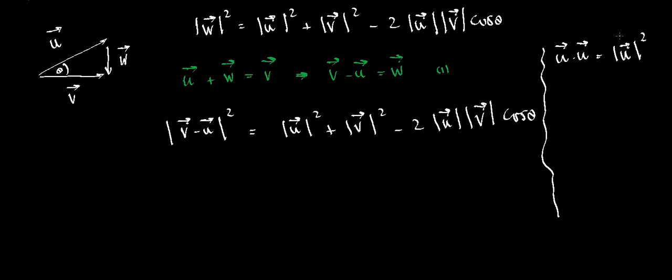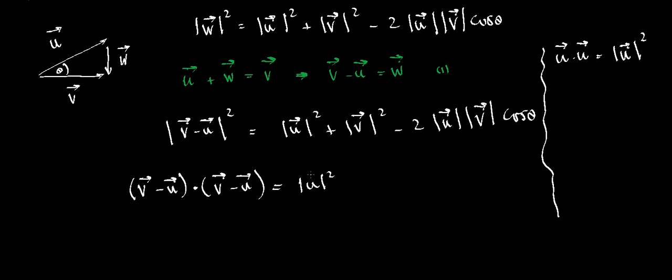This is one of the properties of dot products. So instead of having the magnitude of v minus u all squared, I can say that this is the same as v minus u dotted with v minus u.